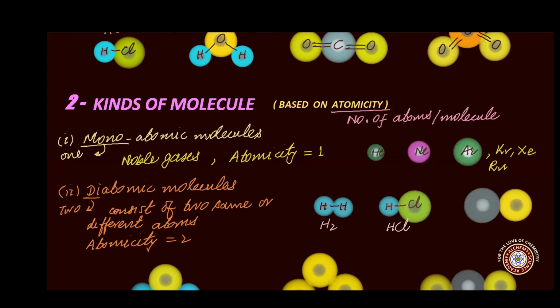Another example is carbon monoxide molecule, which is a heteronuclear diatomic molecule. Since molecules of these substances consist of only two atoms, whether different or identical, such molecules are called diatomic molecules.